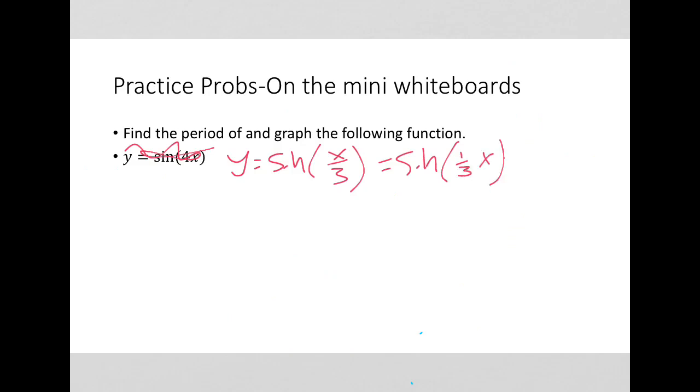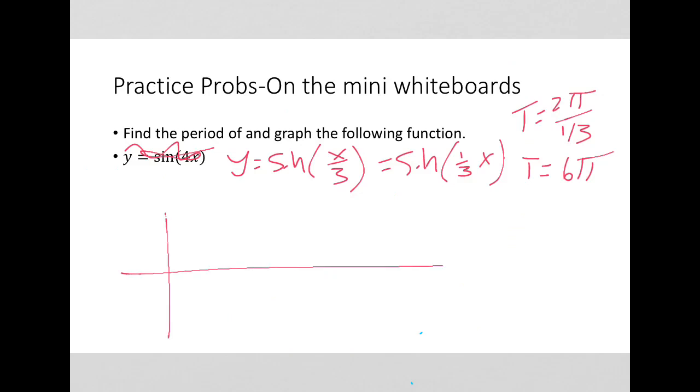So our coefficient is 1/3. So take the normal period, 2 pi, and divide it by the coefficient, 1/3. Dividing by 1/3 is the same as multiplying by 3. So I get my period is 6 pi. So again, super quick at this point.